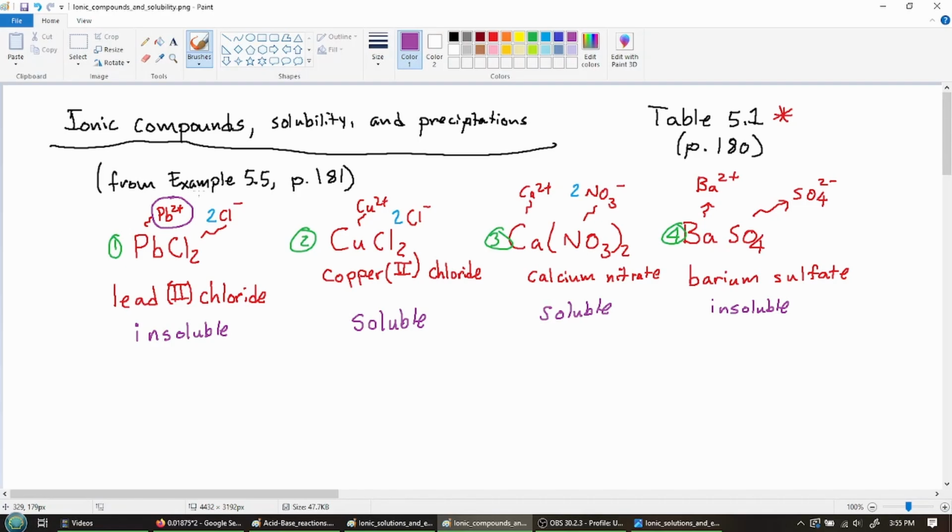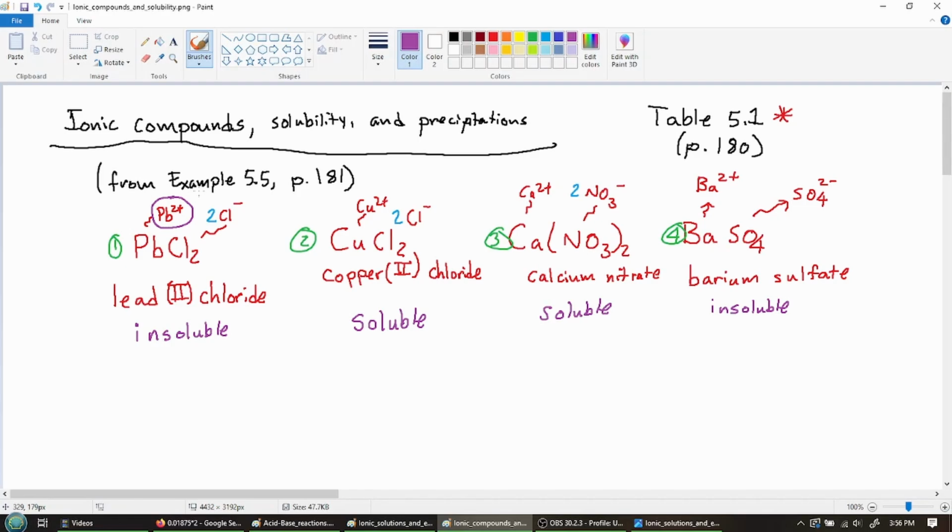So if that's the case, we now know that of all of these possible interactions, the only one that is stable enough to stick around is the lead 2 iodide, which is why if you were to mix potassium iodide with lead 2 nitrate, you form one insoluble compound that drops out of solution, and one soluble compound, potassium nitrate, that just goes right back into the solution, right? It just stays dissolved.